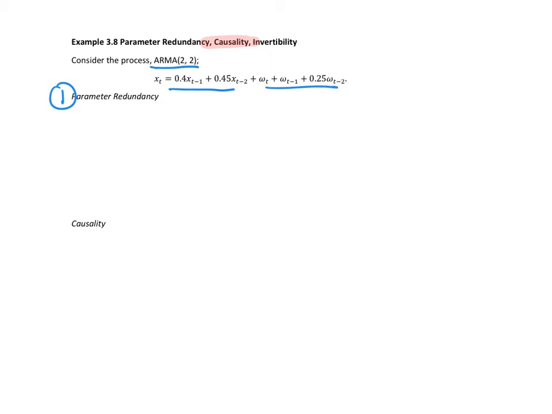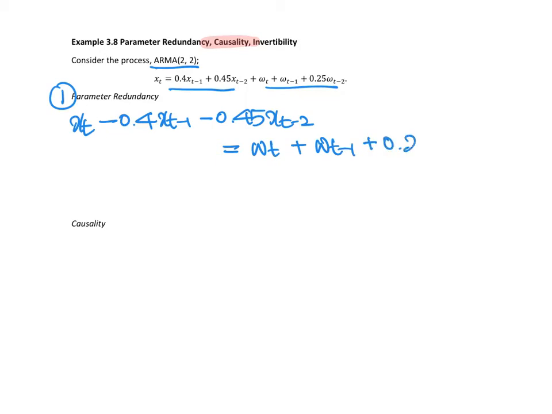So it will be xt minus 0.4 xt minus 1 minus 0.45 xt minus 2. This will be equal to wt plus wt minus 1 plus 0.25 wt minus 2. And again, it will be (1 minus 0.4B minus 0.45B squared) times xt.